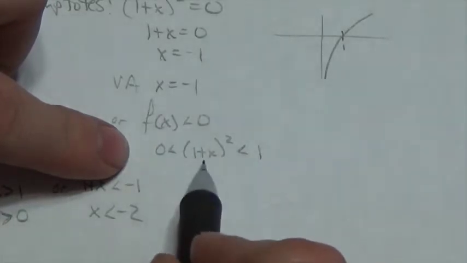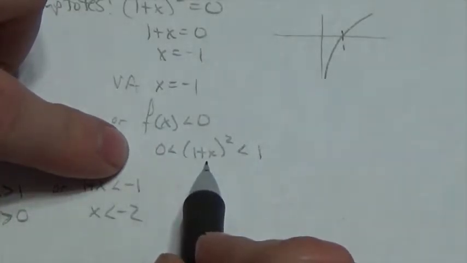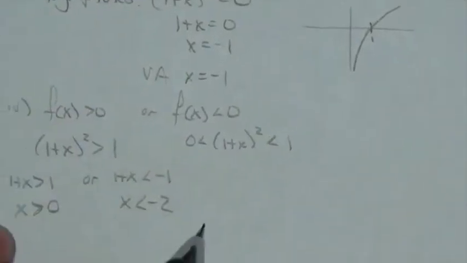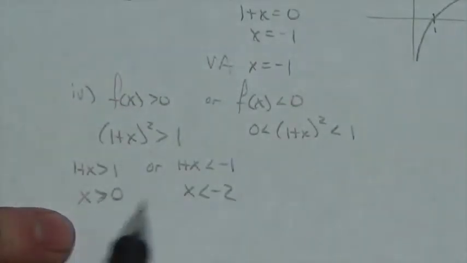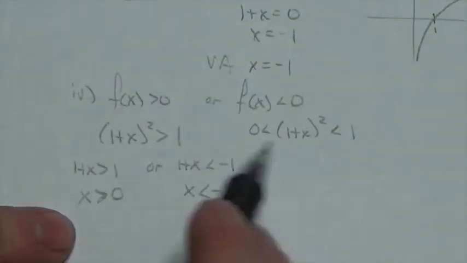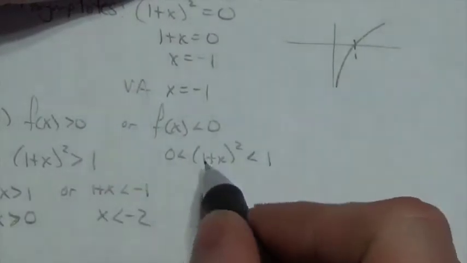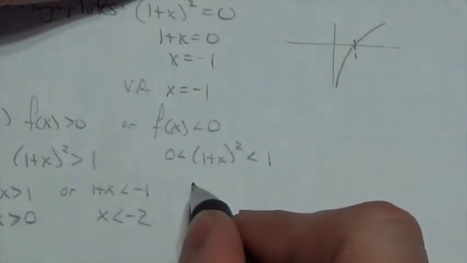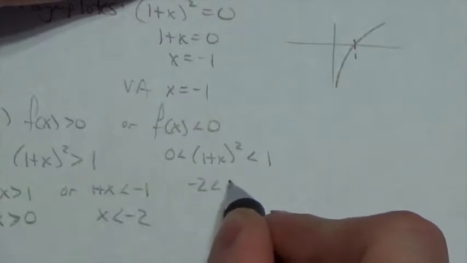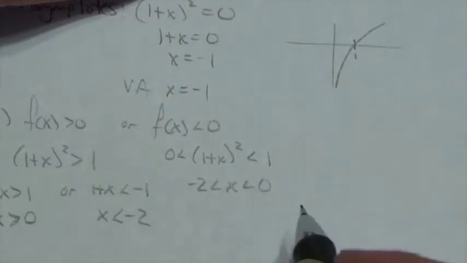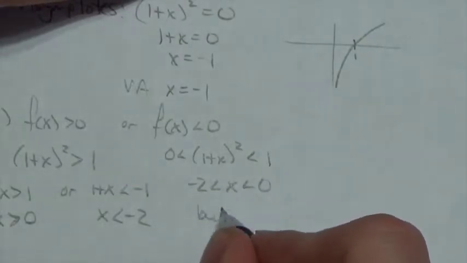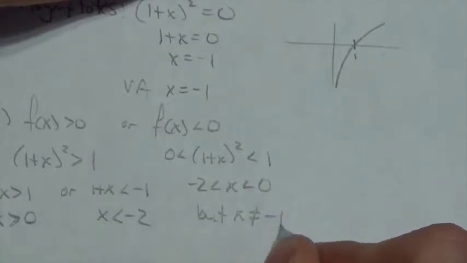This thing is going to go to 0 when x is negative 1. And I already kind of know where it's going to be greater than 1. So I can kind of intuit what's going to happen here. Essentially, this is going to be when x is between negative 1 and 0. However, x cannot equal negative 1.